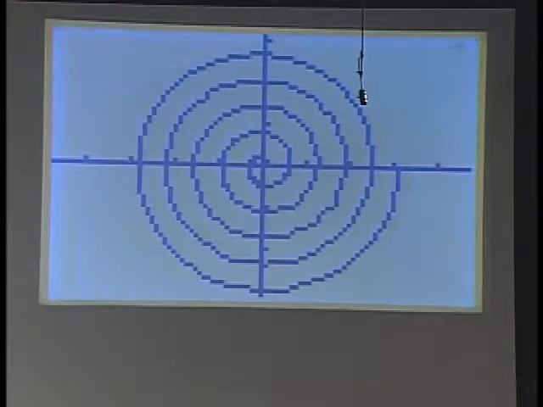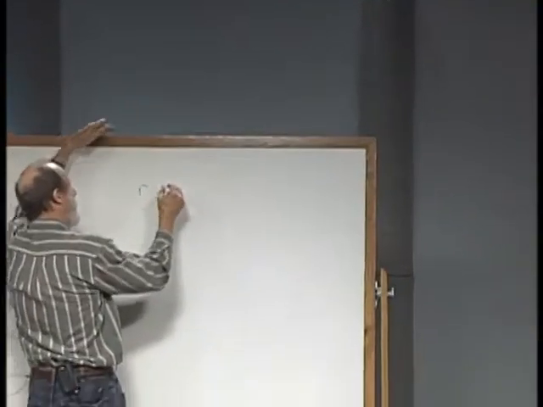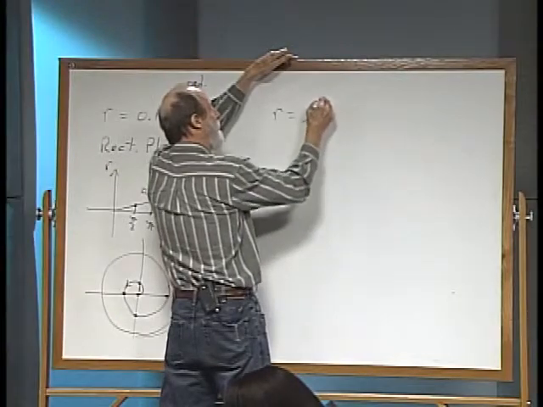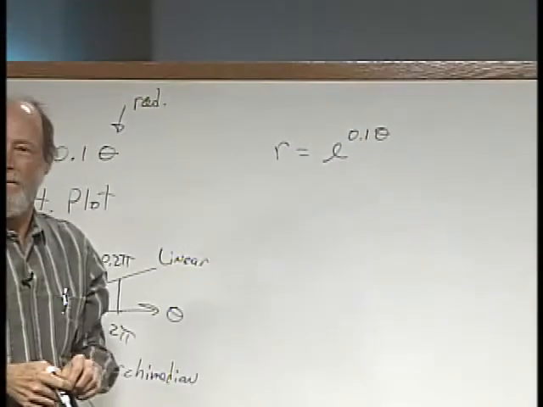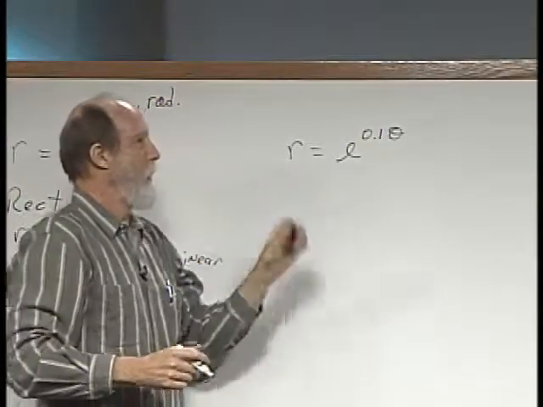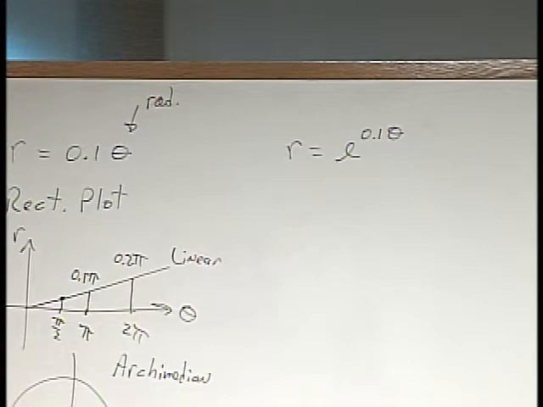Very, very nice. Let's change the structure of this equation slightly. Let's do the following. Let's make the radius e to the 0.1 theta.